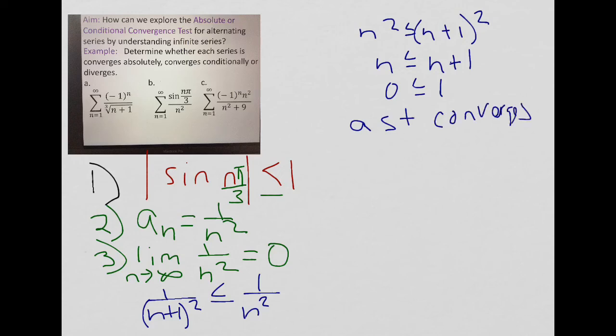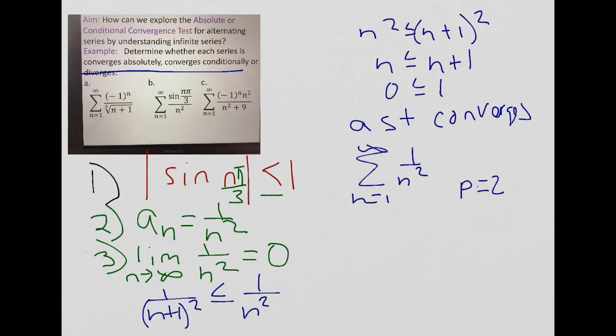Okay, so does it converge absolutely, or conditionally, only because it happened to have an alternator? So we're going to proceed to look at 1 over n squared. This is also a sum, a p series, where p is equal to 2.